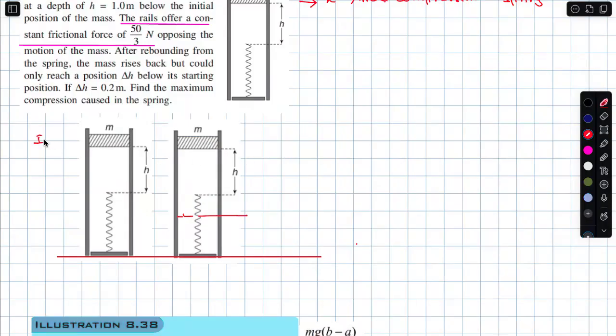This is the initial position, and let this be X. This is the final position.